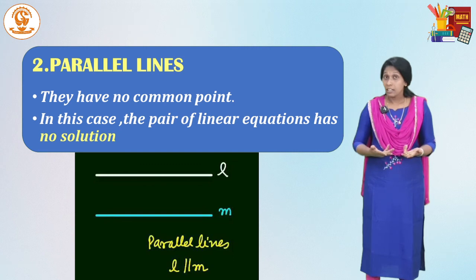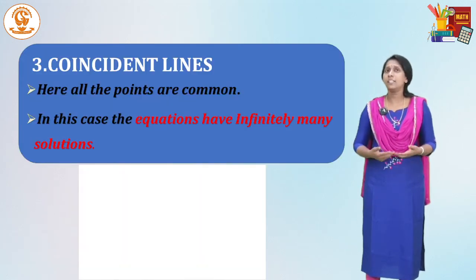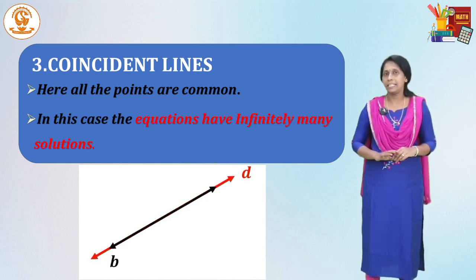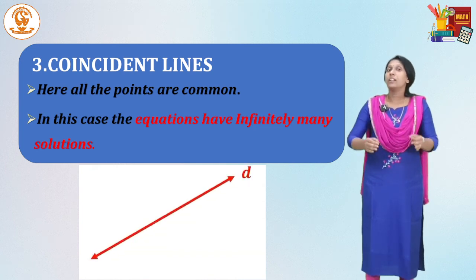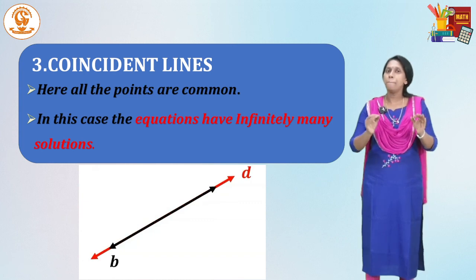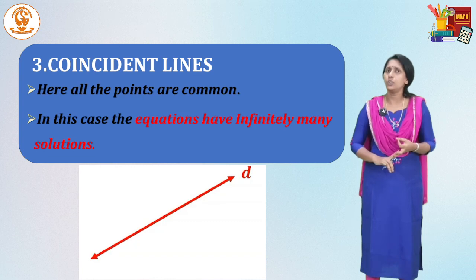And when the graphical representation is coincident lines, what is the meaning? All the points are common since the lines are identical. So the pair of equations has infinitely many solutions. Okay, clear? These three cases, is it clear to everyone?